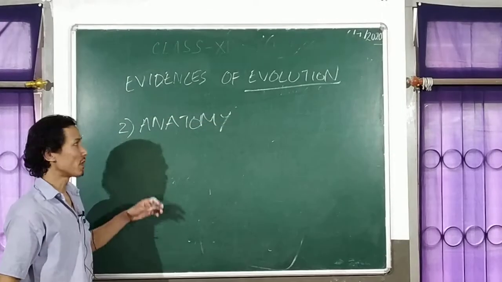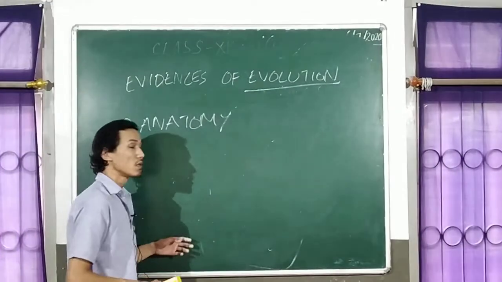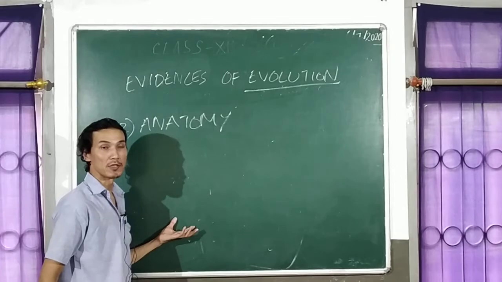The next evidence of evolution is from anatomy. That means we are basically studying the structure of organs.